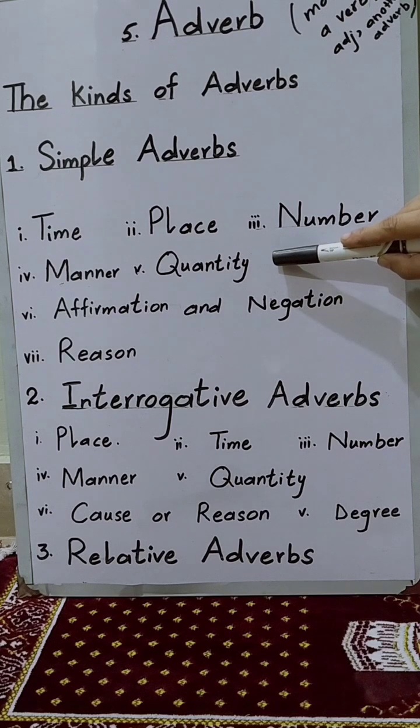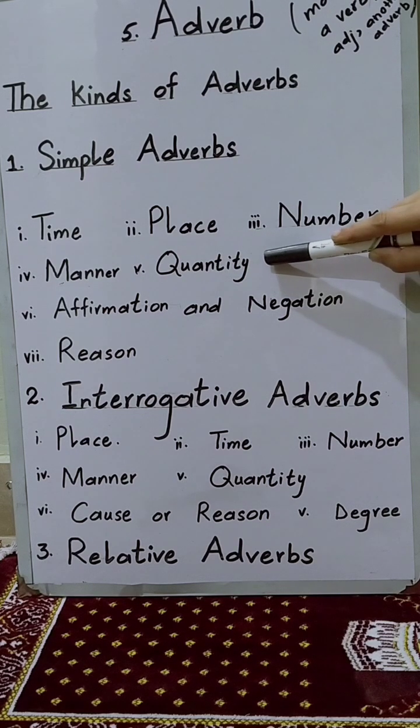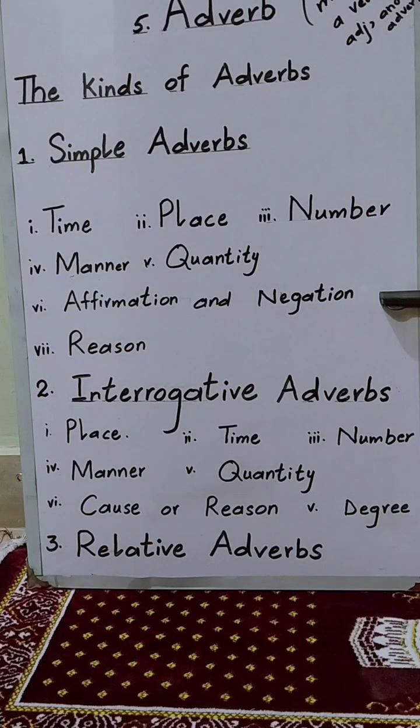Adverb of quantity. For example, I am so glad today. In this example, so is an adverb of quantity. The main adverbs of this class are very, much, too, quite, almost, little, a little, rather, somewhat, partially, wholly, etc. Affirmation and negation. For example, I do not like her.